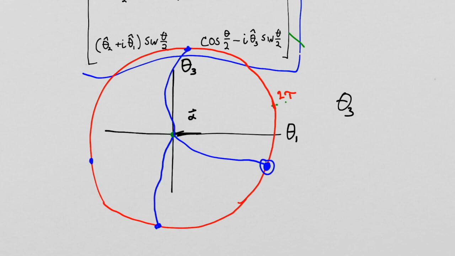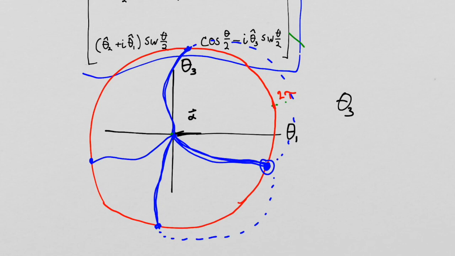Or I can continue my path back from here. All of those would be legitimate closed paths. In other words, this path, boom, and then like that is totally legit. This path coming out to here and then coming back in this way is totally legit.